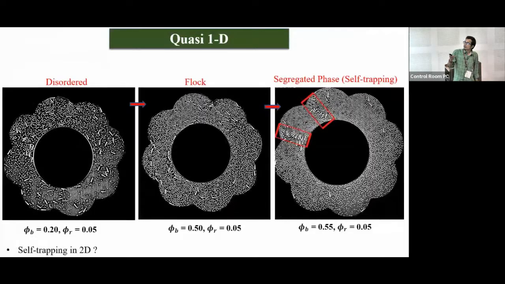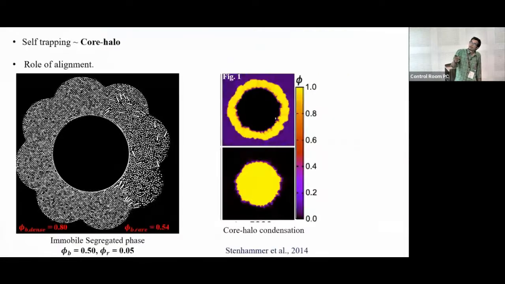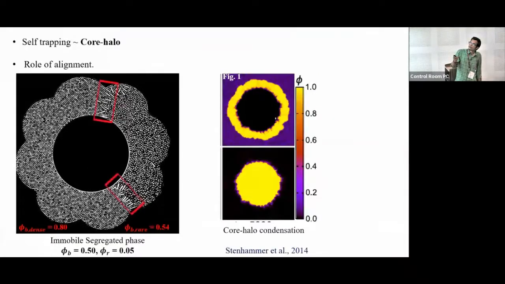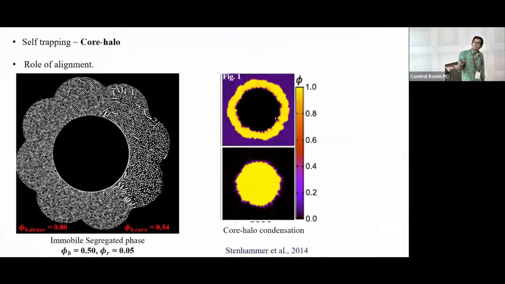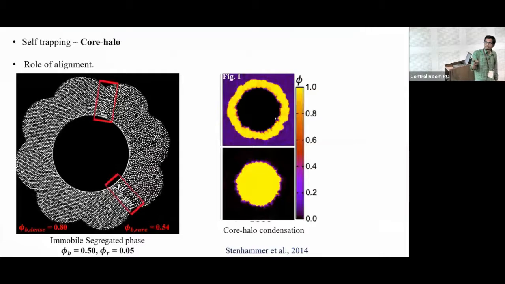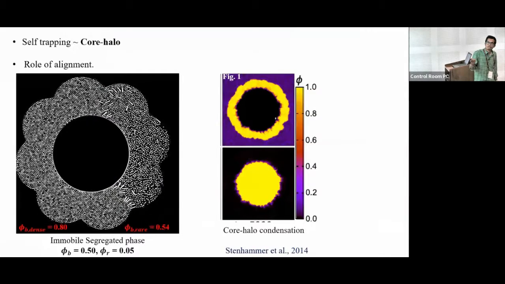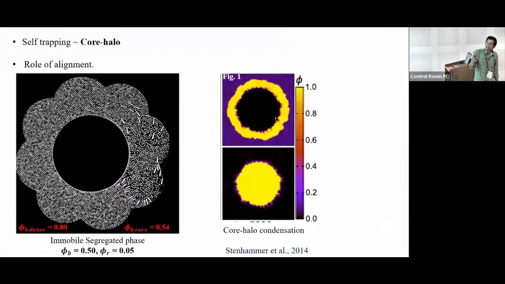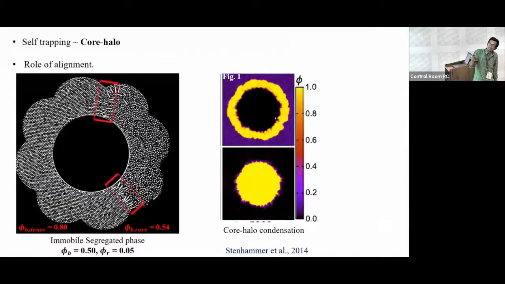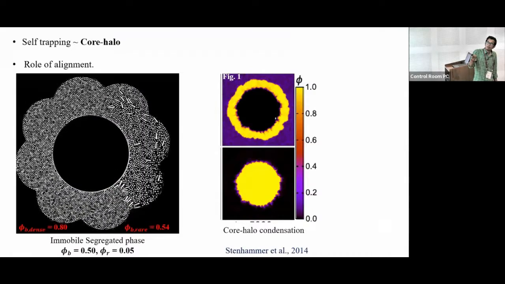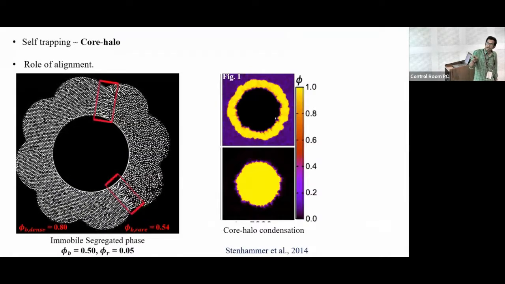So this self-trapping is like the core halo condensation reported by Stenhammer et al. Outside this core halo, the density of beads and rods is quite low.